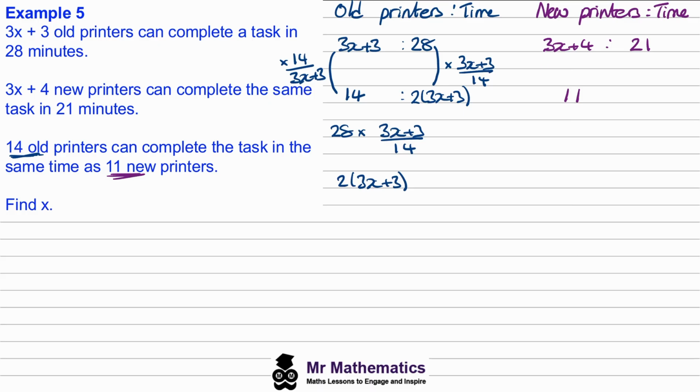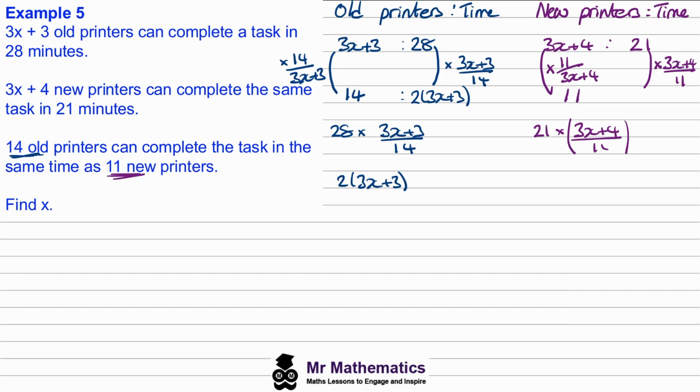So to go from 3x plus 4 to 11, we multiply by 11 over 3x plus 4. And then on the other side, we multiply by its reciprocal. So 3x plus 4 over 11. So we'll have 21 multiplied by 3x plus 4 over 11.